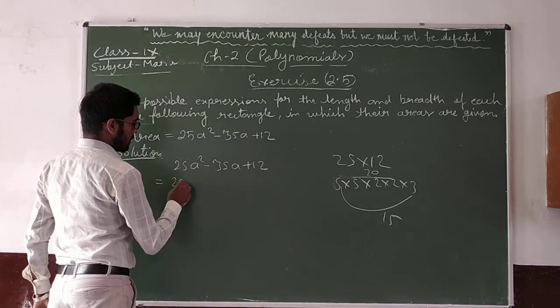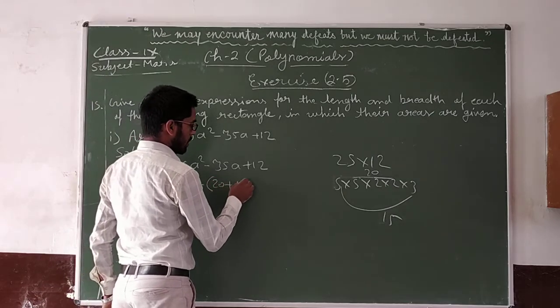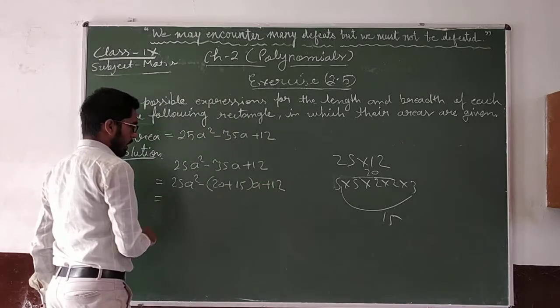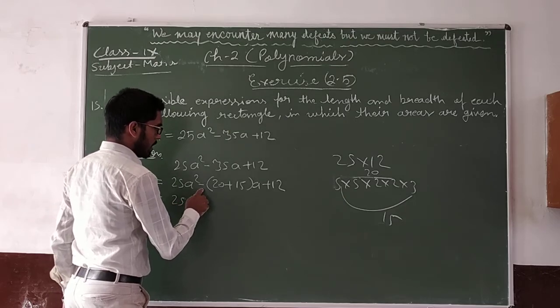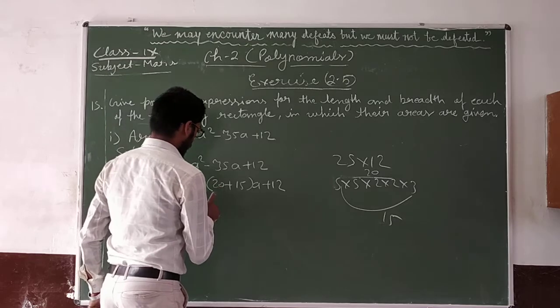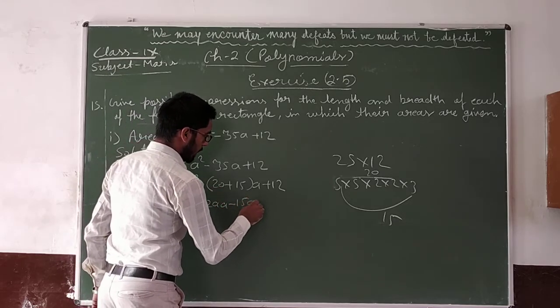So now you can write 25a square minus in bracket 20 plus 15 a plus 12. Now open the bracket with a: 25a square minus 20a minus 15a plus 12.